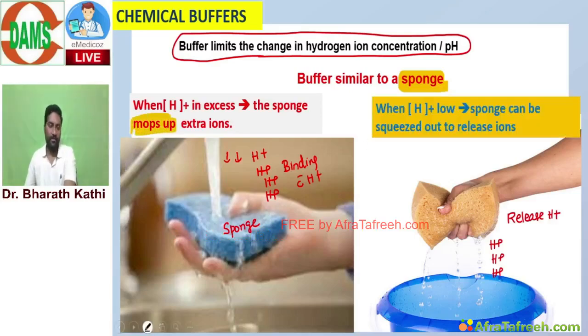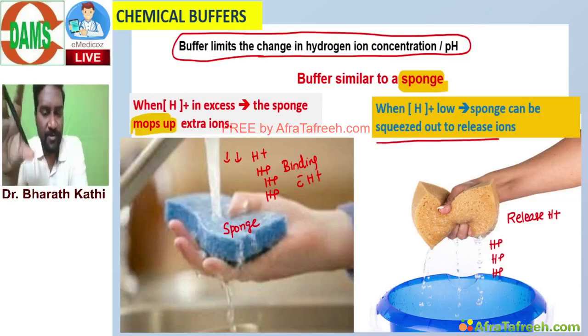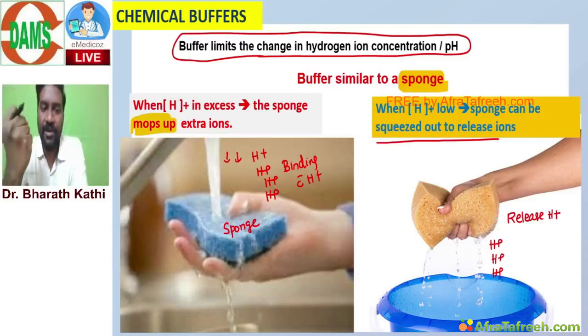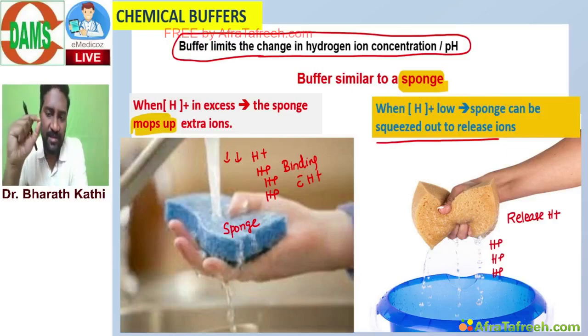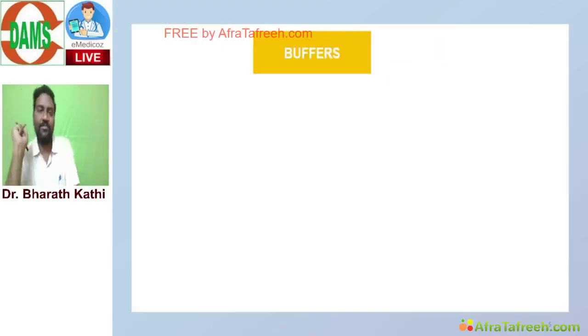Very simple. When the H plus is low in your body, the sponge can be squeezed out. It squeezes out to release ions. This is not as simple as this in your body, but for your understanding, you can consider a buffer equivalent to a sponge. It can absorb H plus when it is in excess in your body. It can release H plus when your body is in need of H plus.